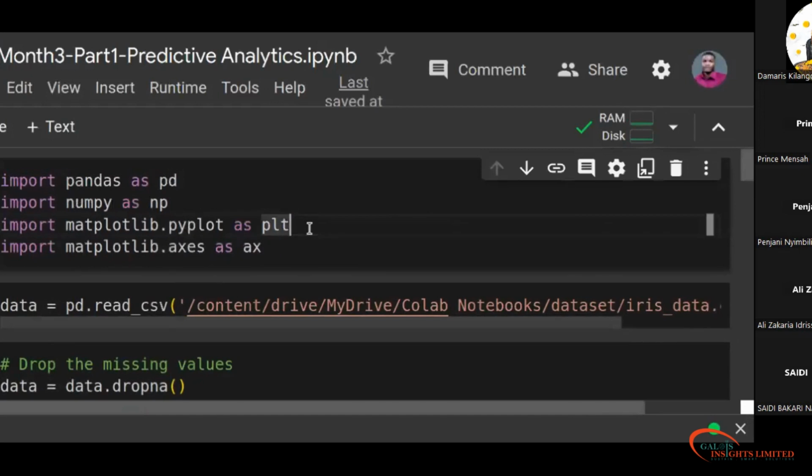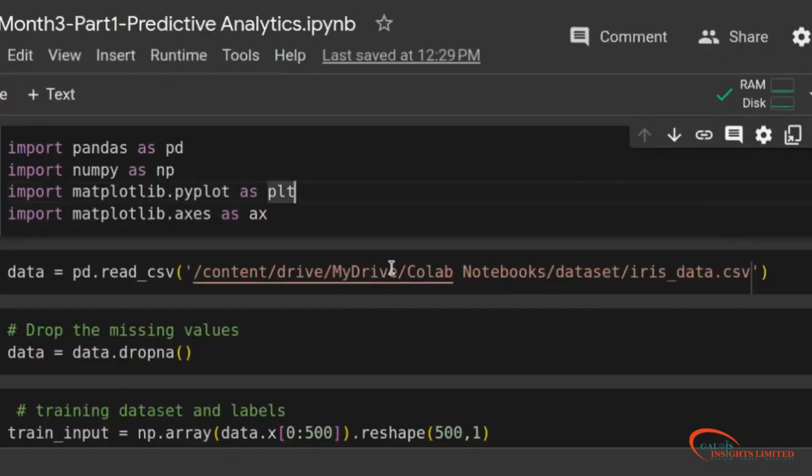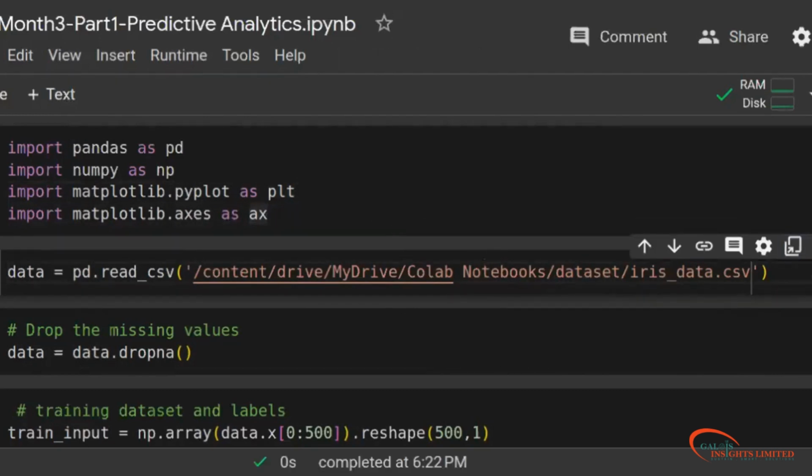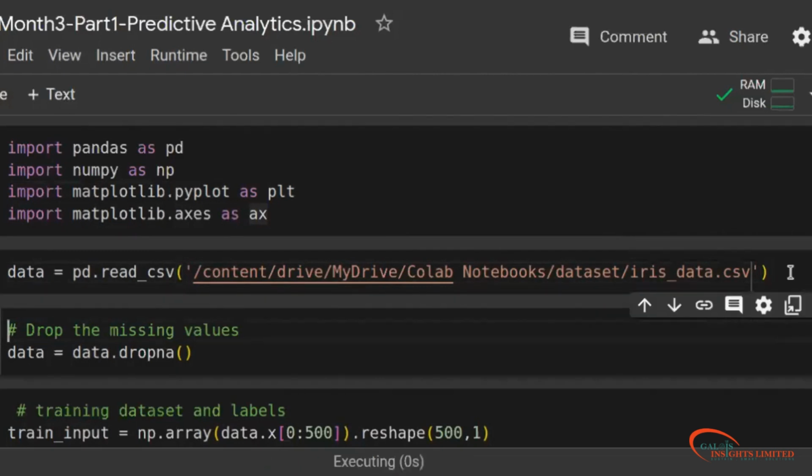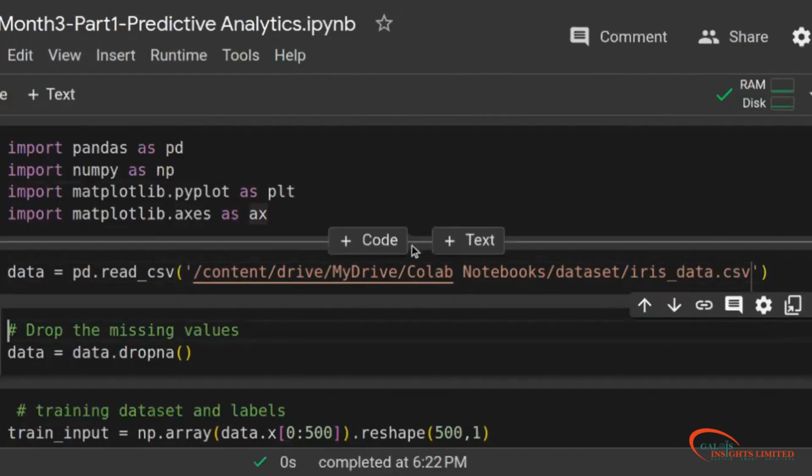By now you know how to work with this. Then you just have to run the first cell, which are libraries used in building the algorithm from scratch. And then the next one is loading the data set. And I've taught you how to load data set from your Google Drive already.